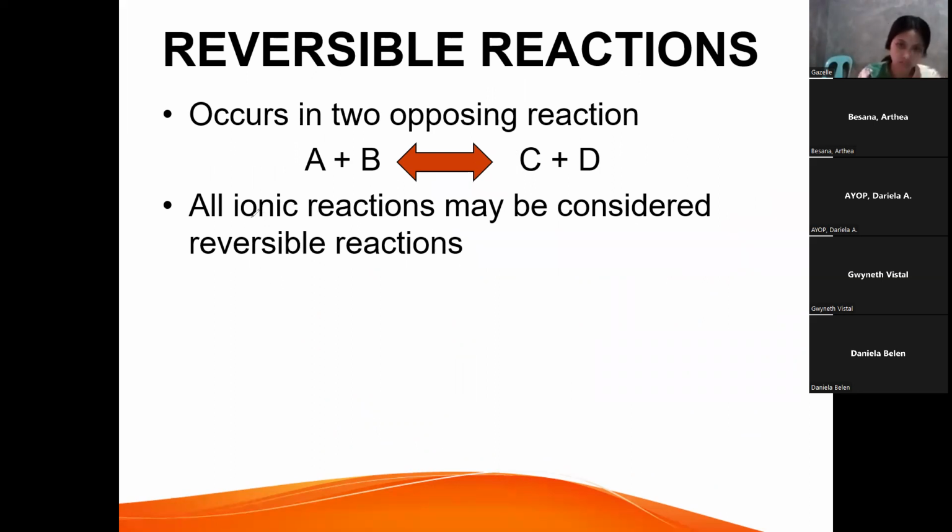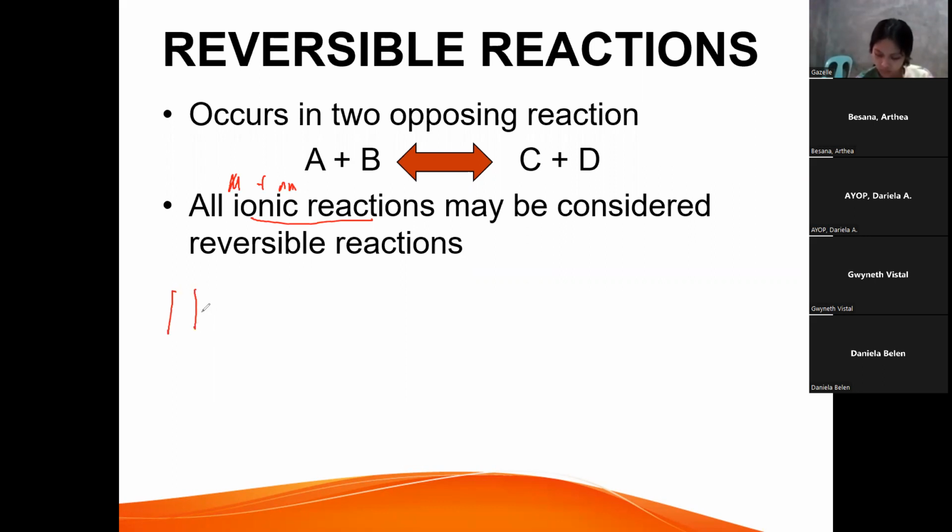If you get to see a two-headed arrow, that means that is a reversible reaction. And take note, all ionic reactions may be considered reversible reaction. So when you say ionic, this is a combination of metal and a non-metal na mga compounds. So example, let me give you an example of a reversible reaction.